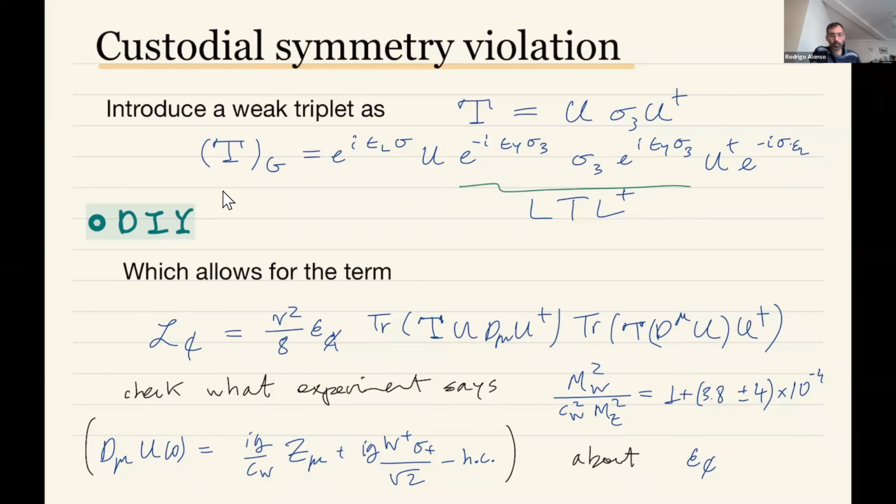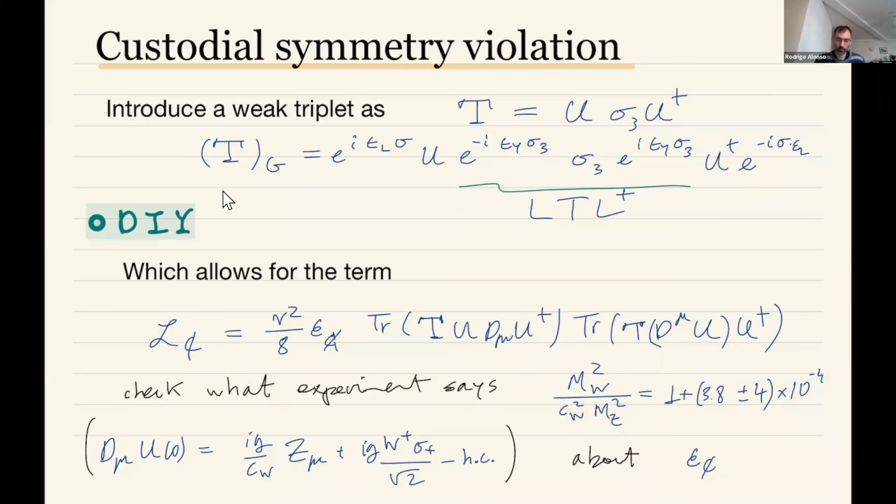I would think that in the spirit of EFT, I've just defined and talked about one of the operators that violate custodial symmetry. And while this is a good argument for its conservation, and if you work out the numbers, it's a really strong bound on that coupling, that doesn't mean that I can go on and forget about any other custodial violation in the form of other operators, because in other sectors, I could have extra sources of custodial violation.